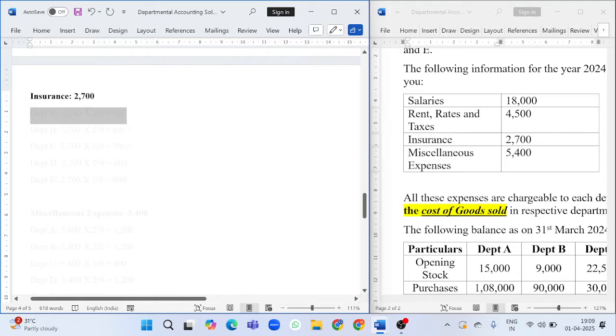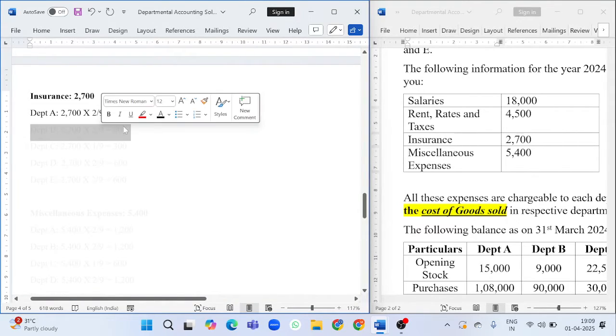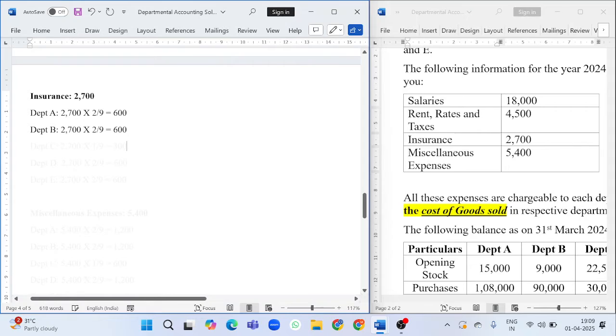For department A, 2,700 is the total insurance expense, department A ratio is 2 and total ratio is 9. When I divide it, I'll get 600 rupees. Similarly department B also is 600 rupees. Department C ratio is 1, so it is 300 rupees, and department D and department E will be 600 and 600.